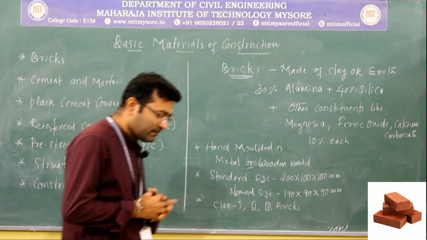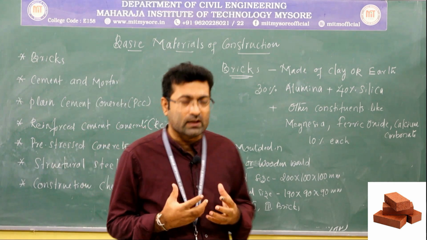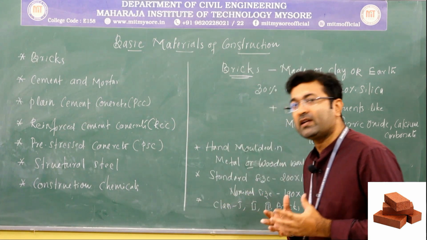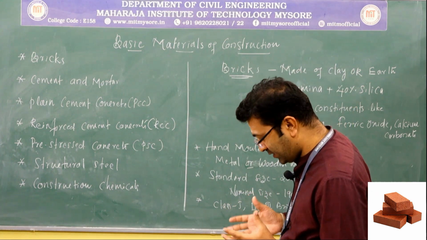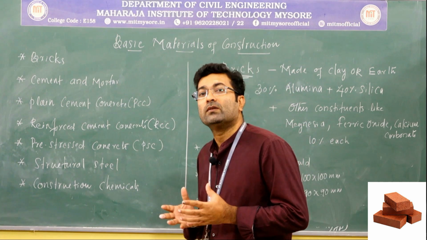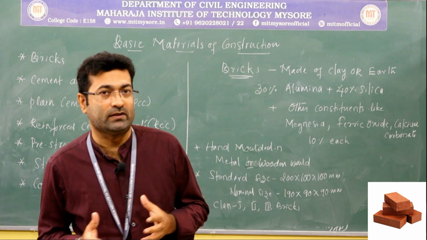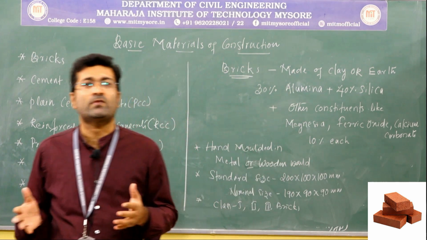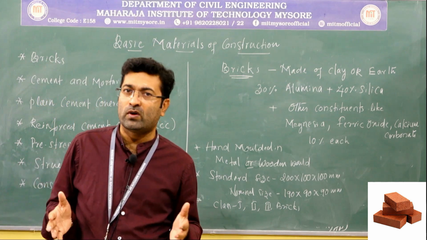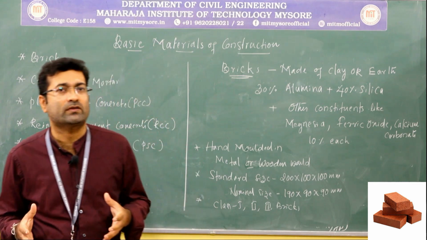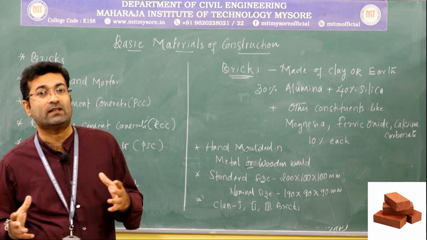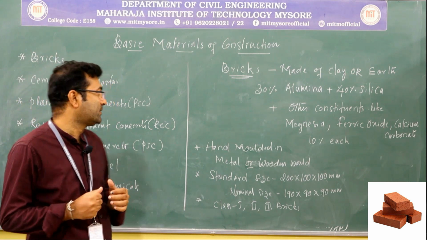Now, whenever we are casting bricks, in the olden days, we used to cast the bricks hand molded. During that time, they used either wooden boxes or metal boxes to fabricate the bricks.